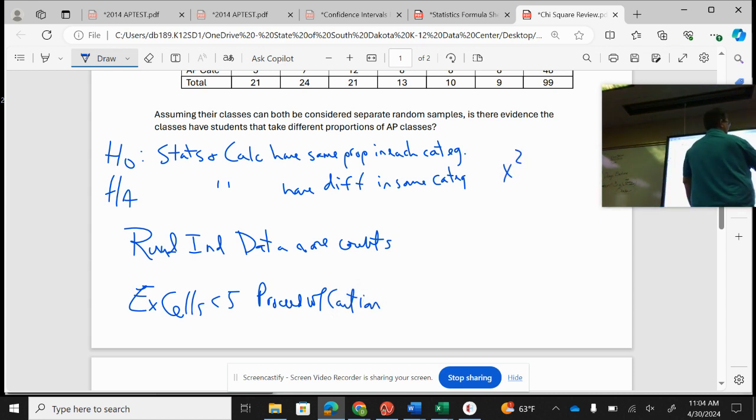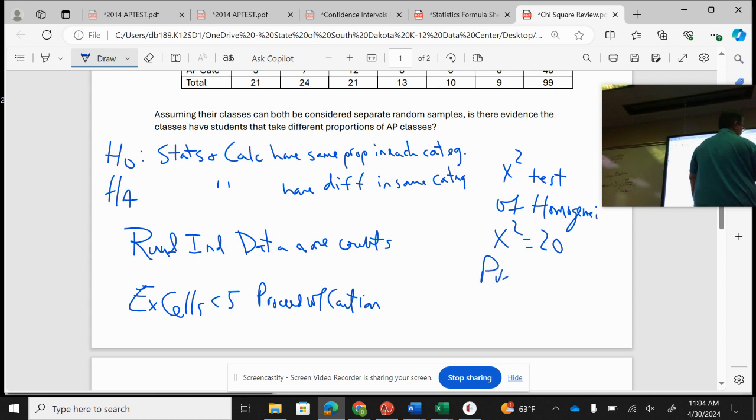But this one is the chi-squared test of homogeneity. Remember, homogeneous means the same. Are the proportions the same? We got a chi-squared value of 20, a p-value of approximately 0. 0 is less than 5%. We will reject the null.